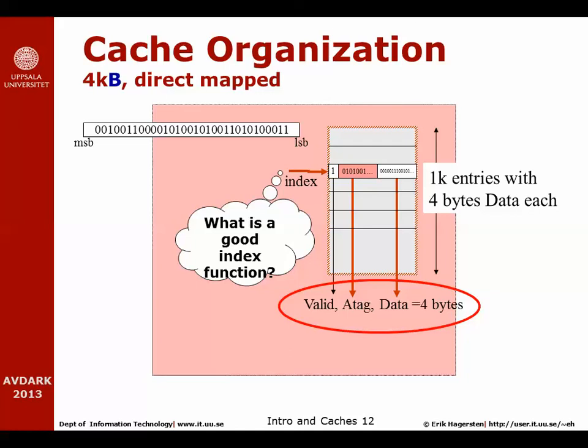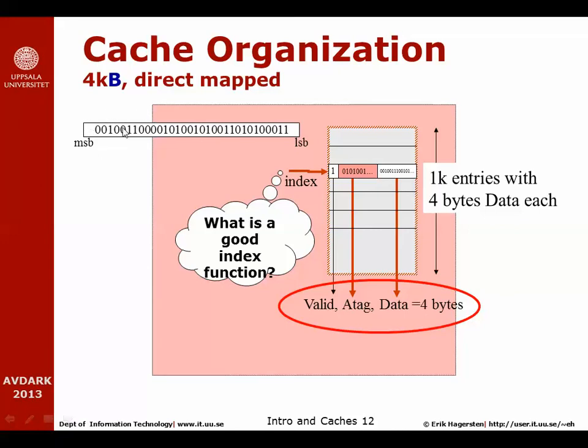We would like to find the index function that makes us equally use all these 1k entries of this book. So the question is, which of these address bits would we choose as index functions? It turns out that the least significant address bits are the ones that are going to change most frequently and have more or less a random access pattern, while the most significant bits may change very infrequently or not at all.